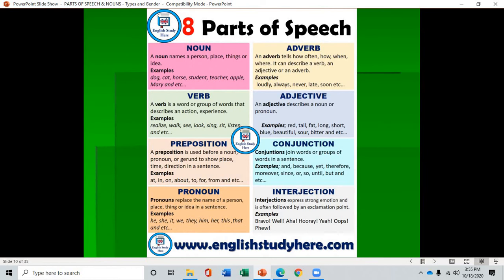I was late in my online class because, so yung because doon, it's an example of conjunction. Okay? And then you add another statement. We also have yet, therefore, moreover, since, or, so, until, but, and etc. Okay, so yung conjunction, it simply connects one statement to another.